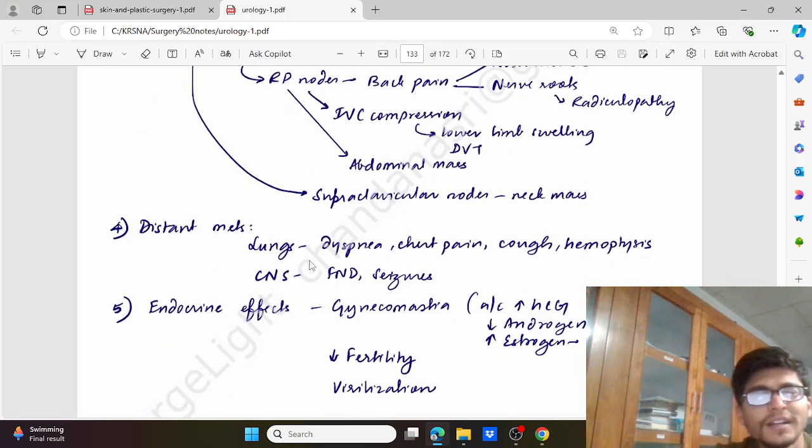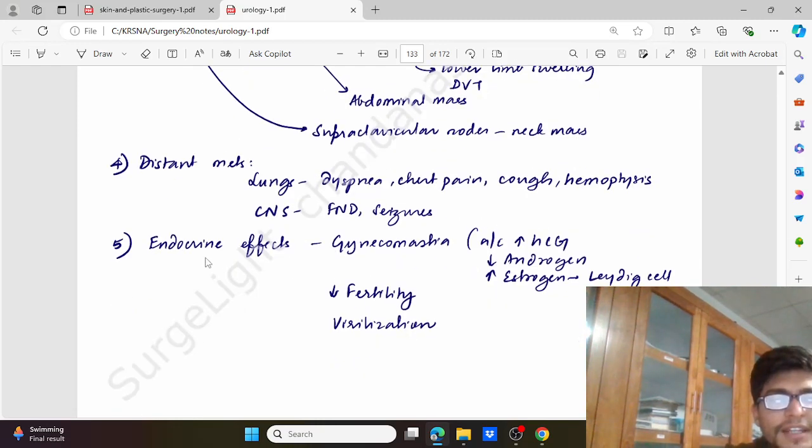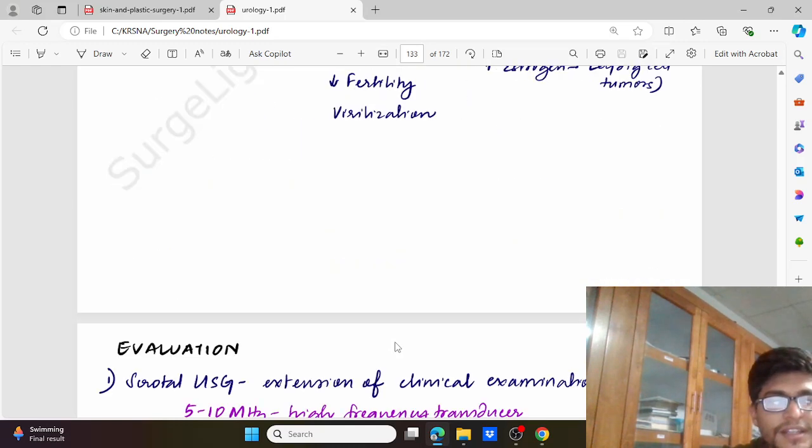Distant mets: lungs, with dyspnea, chest pain, cough, hemoptysis; CNS in the form of neurological deficit and seizure; endocrine, that is gynecomastia due to increased HCG, low androgen and high estrogen, especially in the Leydig cell tumor, then decreased fertility and virilization.